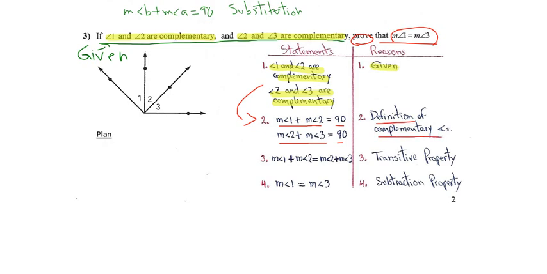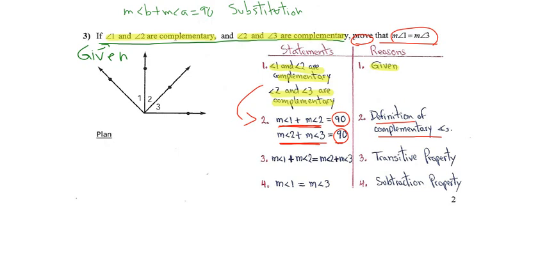And now, since we want to get this conclusion, the measure of angle 1 is equal to the measure of angle 3, we want to find a way to combine these two equations into one equation. And we again can use the transitive property because we have these two quantities that look different, both being equal to 90, which means that they are actually equal to each other.